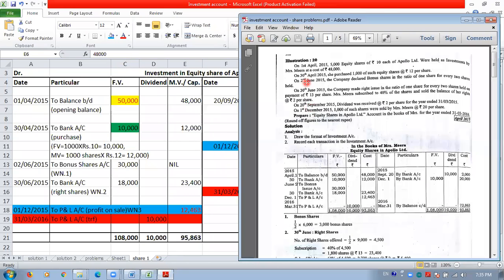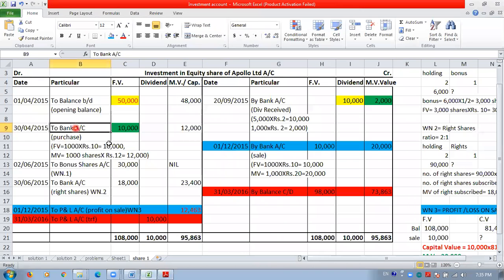transaction is on 30th April 2015. She purchased 1,000 of such equity shares at rupees 12 per share. So on the 30th April, she purchased 1,000 equity shares for 12 rupees. So likewise, we have to enter the purchase transaction. So to bank account, and 1,000 shares are purchased.